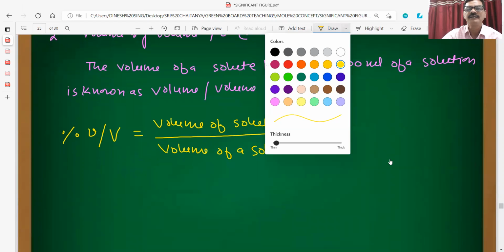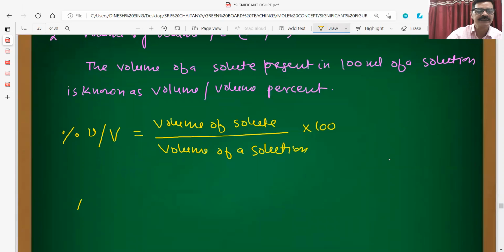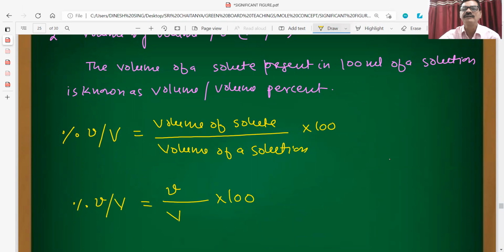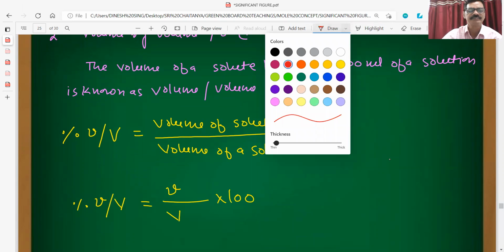Now we can again see this formula: small v by capital V, where small v means volume of solute divided by capital V means volume of solution, into 100. So this is our second formula.